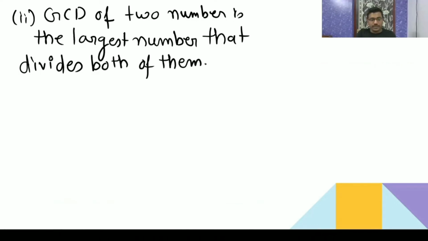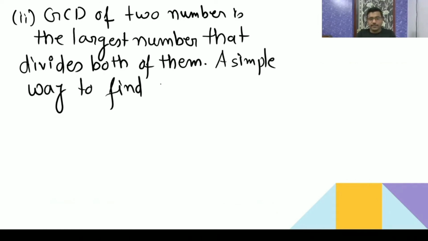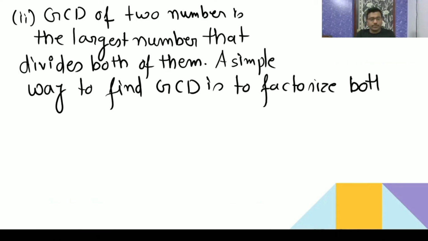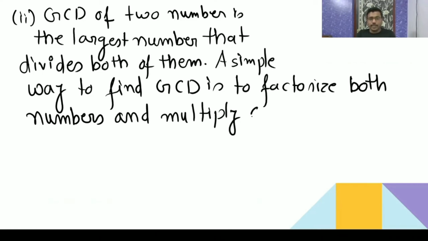A simple way to find the GCD is to factorize both numbers and multiply the common factors.